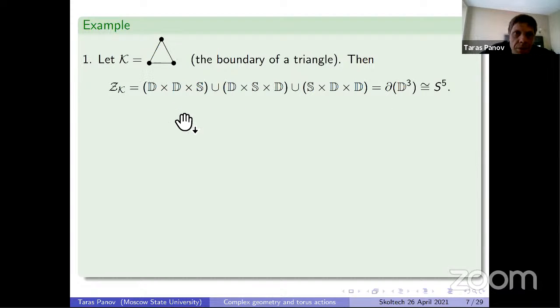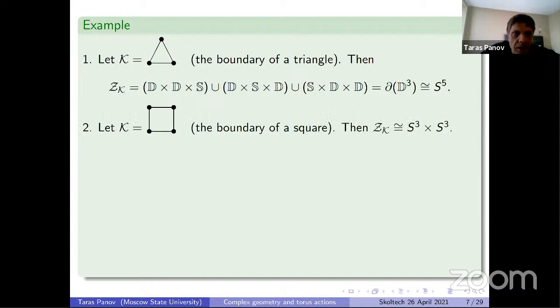So if you start with the boundary of a triangle, then you get the boundary of the disk, which is homeomorphic to a 5-dimensional sphere. So this is like a triangulated circle, and you get something homeomorphic to a manifold. Similarly, if you take the boundary of a square, then by writing something a bit more complicated, but still quite elementary, you get the product of 2 3-dimensional spheres.